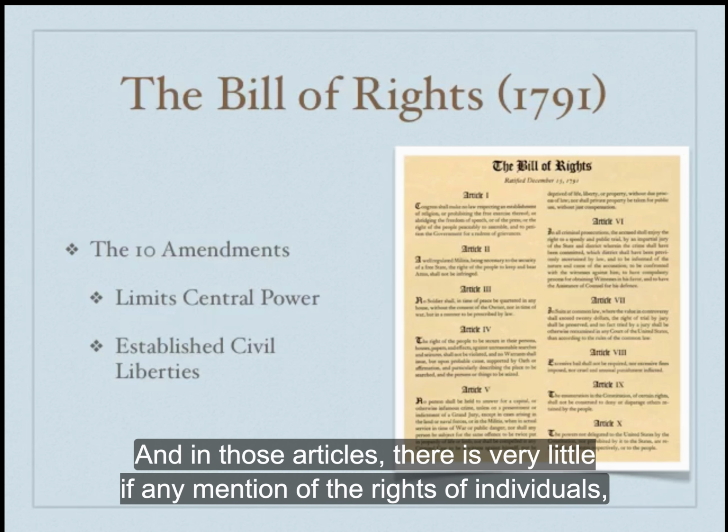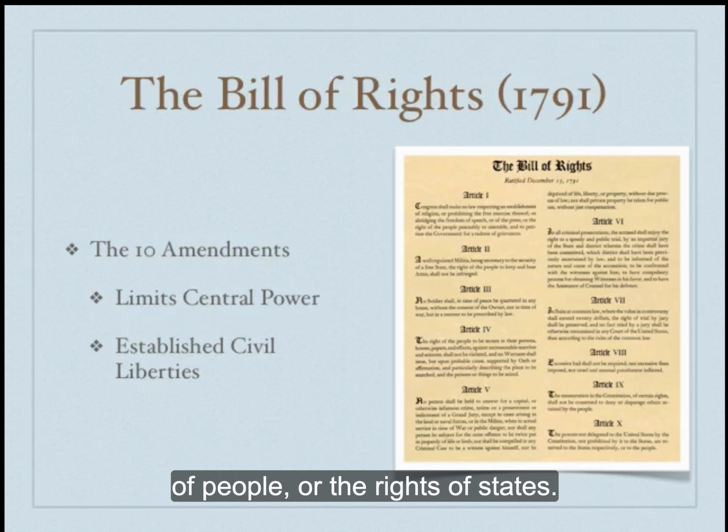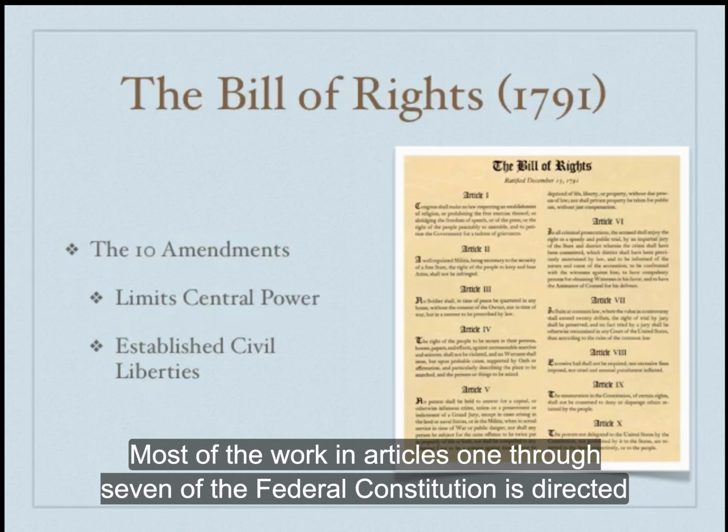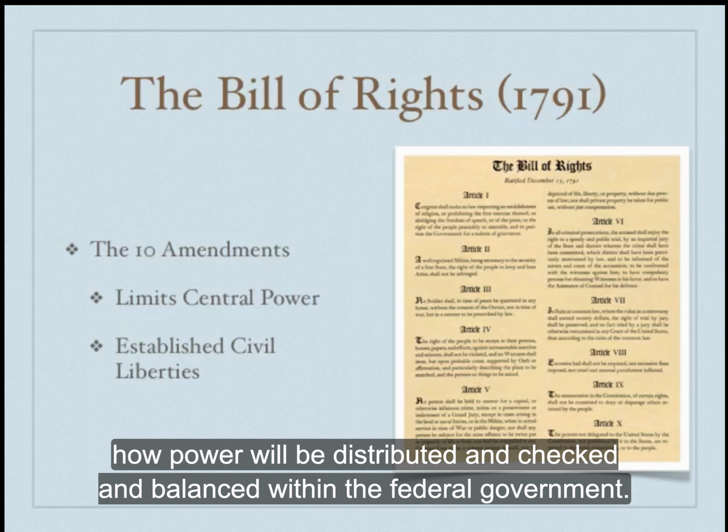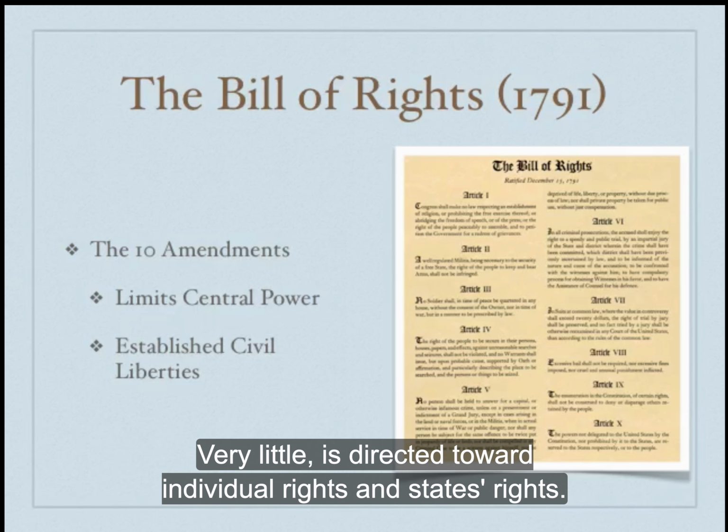And in those articles, there is very little, if any, mention of the rights of individuals, of people, or the rights of states. Most of the work in Articles 1 through 7 of the Federal Constitution is directed at the central government, the power that it will have, the limitations on that power, how power will be distributed and checked and balanced within the federal government. Very little is directed toward individual rights and states' rights.